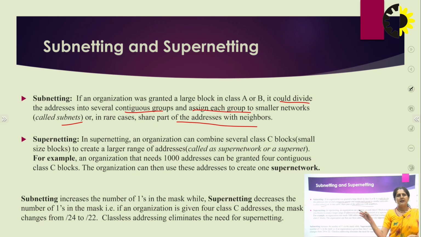These are the subnets, the smaller groups of the one big college. This is subnetting. Similarly, supernetting means it can combine several different subnets or small classes into one large address block. Let us see the concept of subnetting with an example.